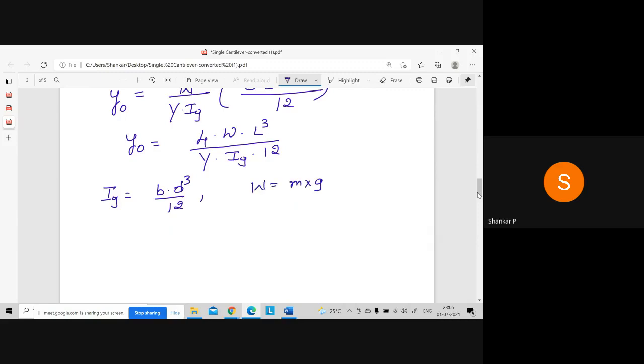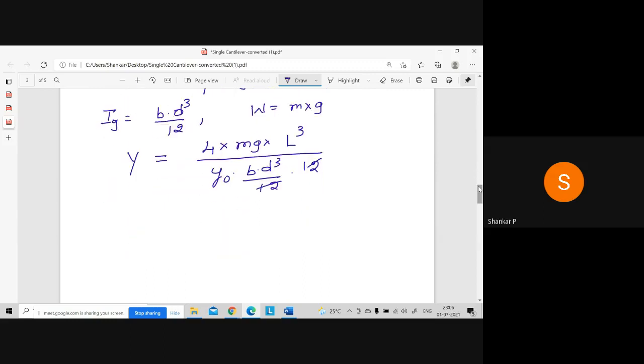So using this, we can write Young's modulus as Y is equal to 4 into mg into L cube divided by y naught, Ig is BD cube by 12, so into 12. So this 12 and this 12 cancel.